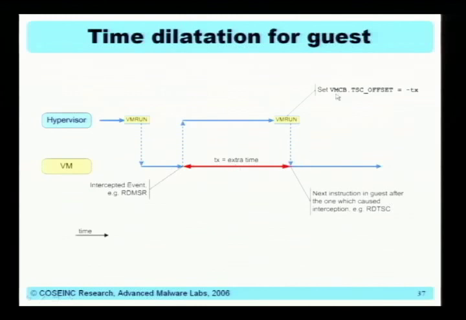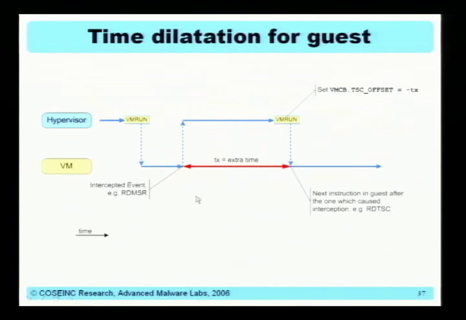So we can use a special field called TSC offset inside the VMCB, this control block, which is the offset which should be added to the guest timestamp counter before it's resumed. So we just add minus X here.